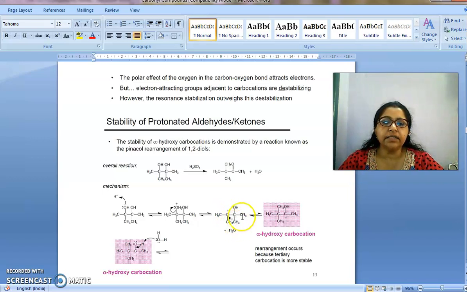Now here it goes for a 1,2 methyl shift. Why? Because we have here an alpha hydroxy carbocation which is more stable than a tertiary carbocation. So we have this type of rearrangement, and finally we get pinacolone.